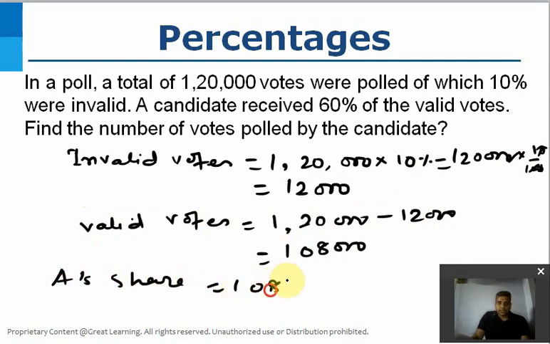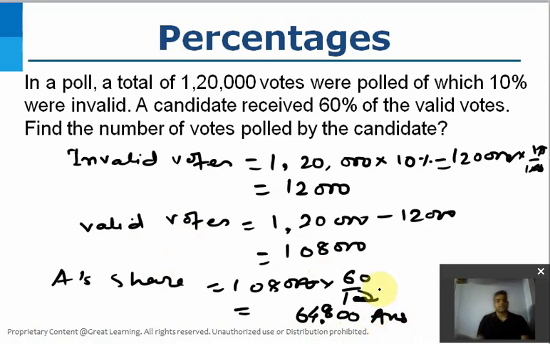So 1,08,000 into 60 divided by 100, right? So it comes out to be 64,800. So A's share is nothing but 64,800, and that's the answer.